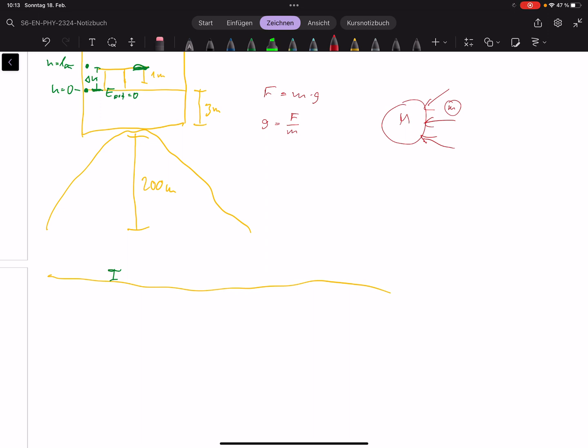Anyway, we're working with the field, and so only now we can investigate the field, because the field is something we can't see, we can't really measure. But with that second mass, we can observe the force between these two masses. There is an attracting force.